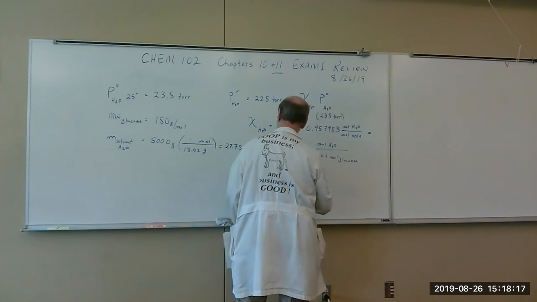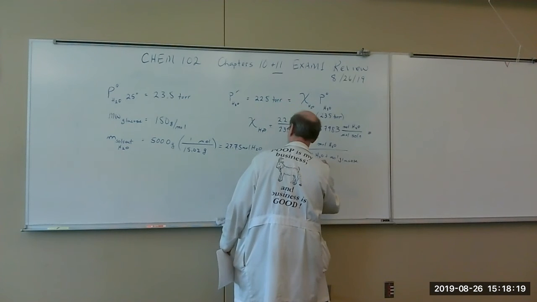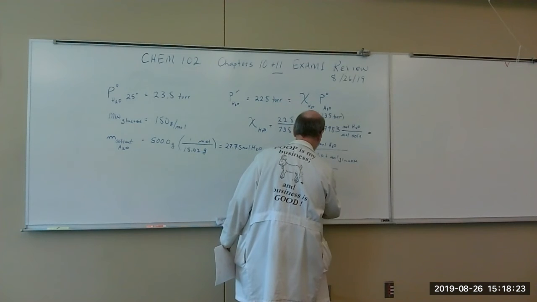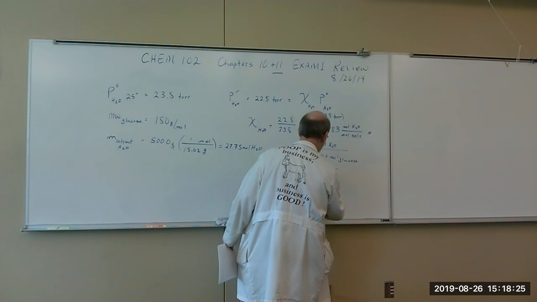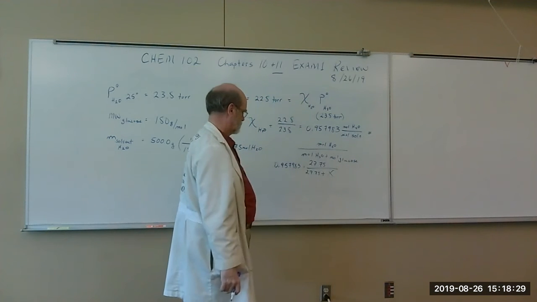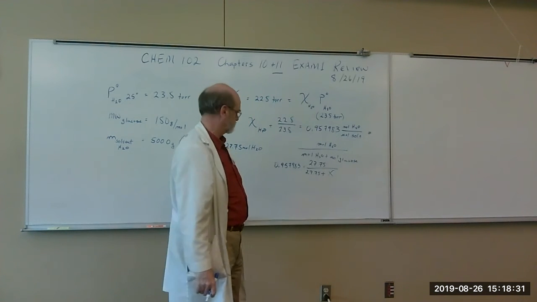So now we can put that in this formula. 0.95793 is equal to 27.75 divided by 27.75 plus, we just call that X, which is moles of glucose.